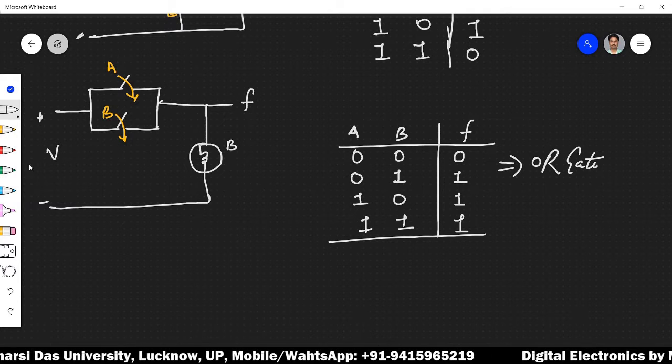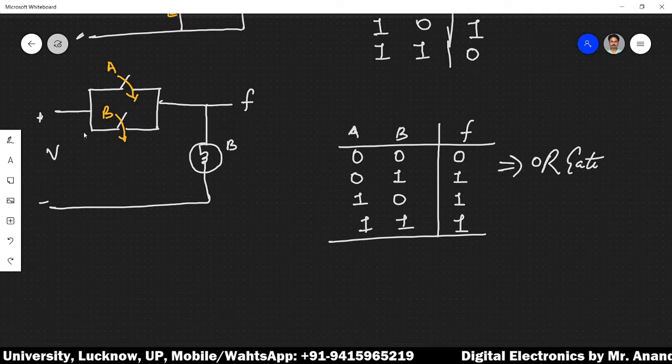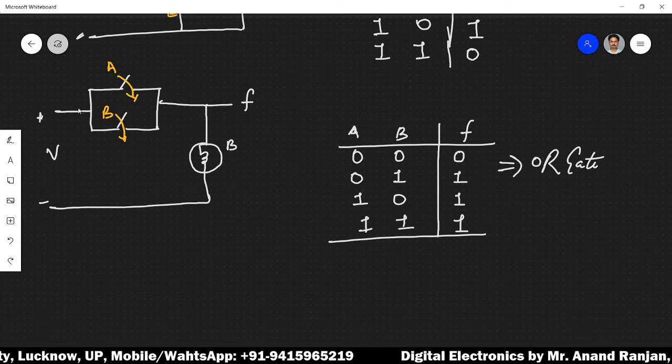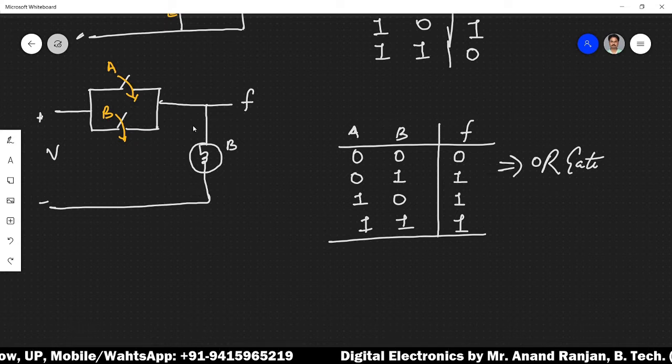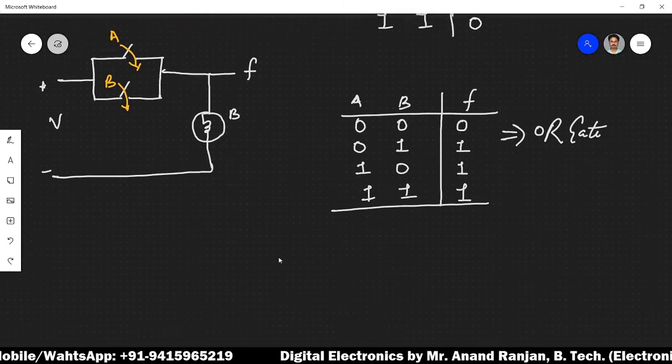Now interestingly, let us take this entire branch of parallel connection of switches connected across this bulb, not in series but in shunt. Then what happens?